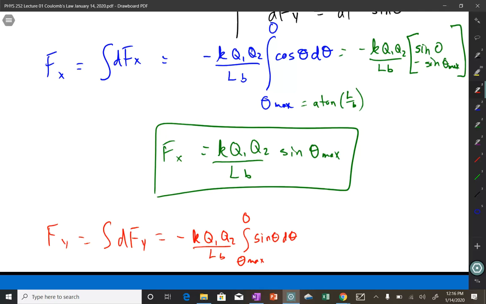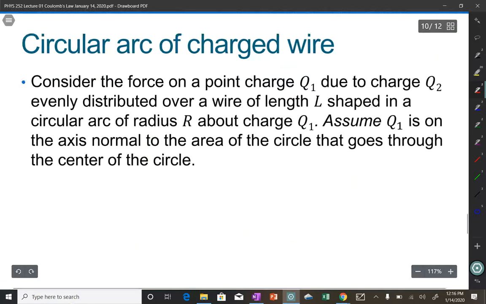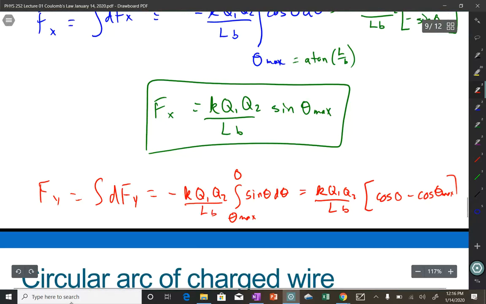So it's going to be negative minus cosine theta. So that's going to give me a plus k q1 q2 over lb times cosine of 0 minus cosine of theta max. And of course, what is cosine of 0? 1.